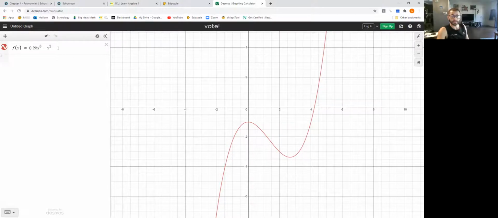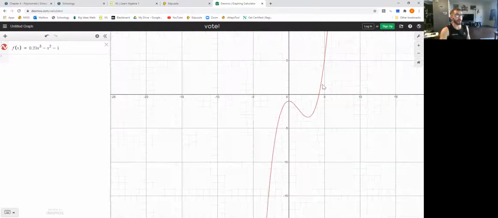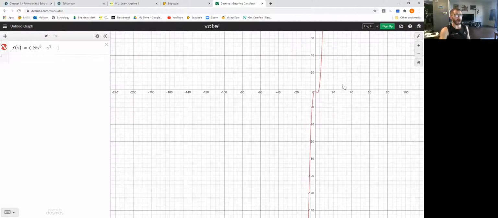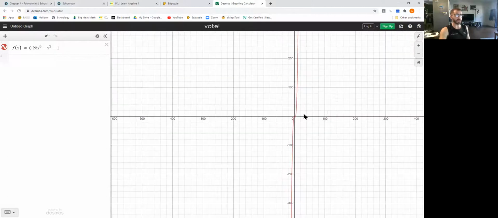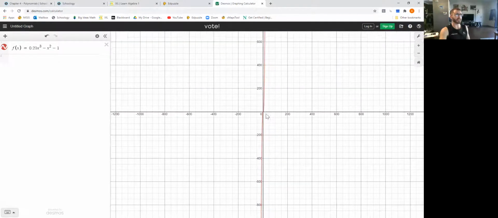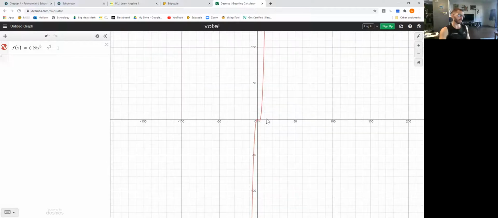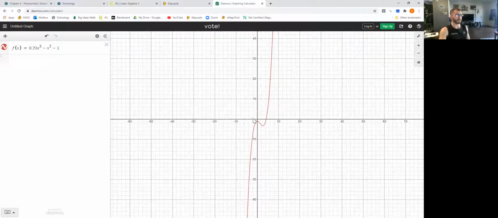Then we know the leading coefficient is positive. So let's take a look at the end behavior. And again, this is when we zoom out. What is happening as I zoom out and I take a universal look at this? Well, let's see. As my x's get bigger, as x's go towards infinity, f of x, y, goes towards positive infinity.